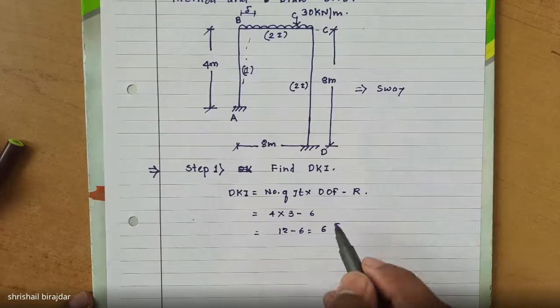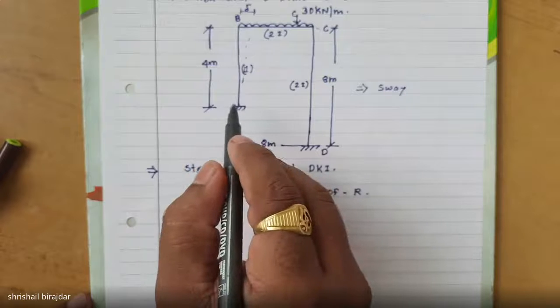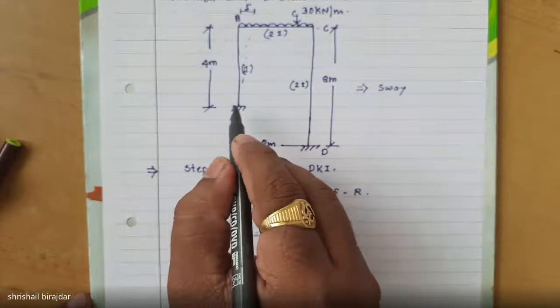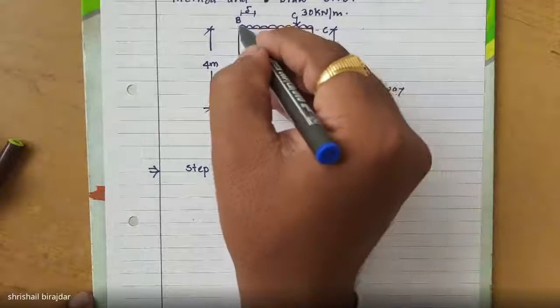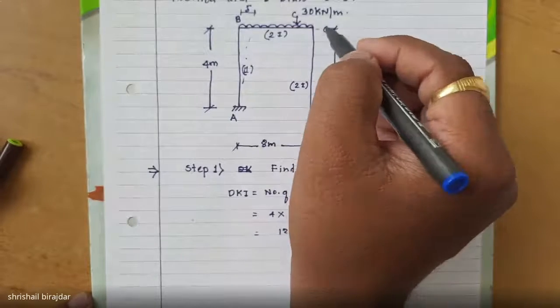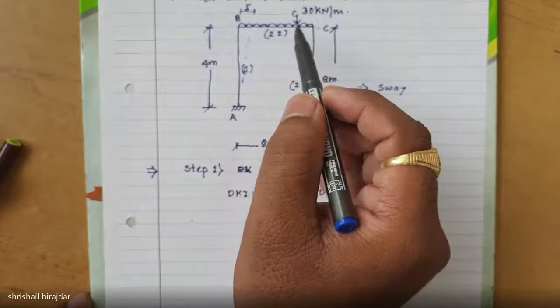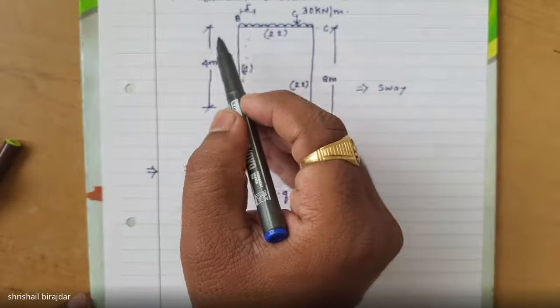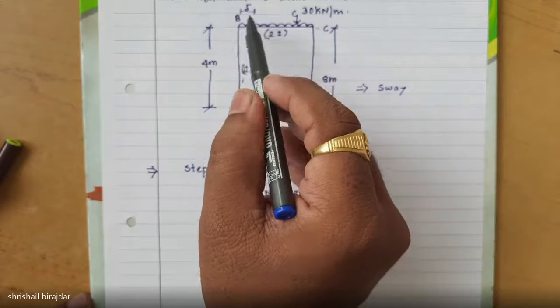First of all, you write down here. This particular joint will not shift anywhere because this is the fixed support. Here is also a fixed support, but you just consider B and C. These joints shift in the horizontal direction, vertical direction, or the node rotates about its own axis.